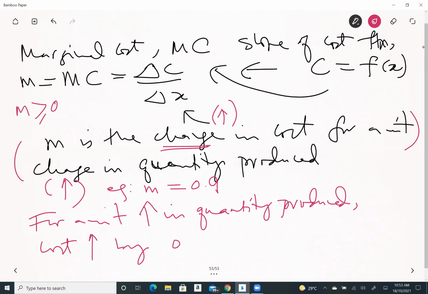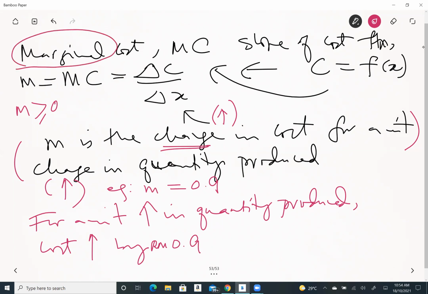By RM 0.9. So for a 1 unit increase in production, in quantity produced, the cost will increase by how much? 0.9 ringgit. So that is the increase in cost. So the increase in the cost for a unit increase in output level, we call it marginal.